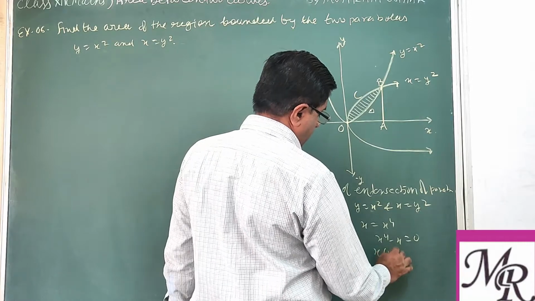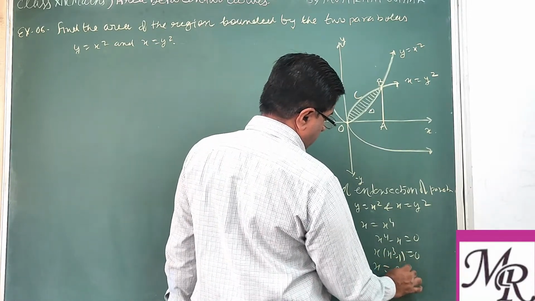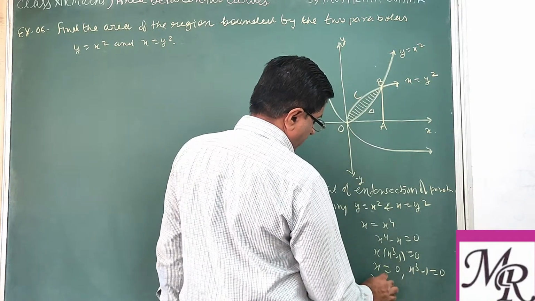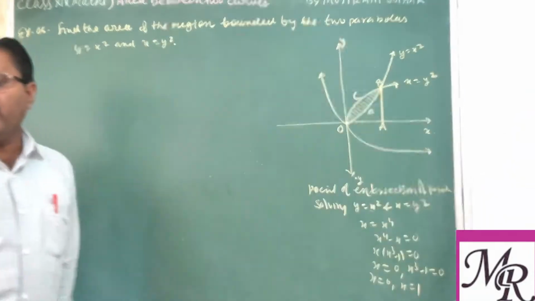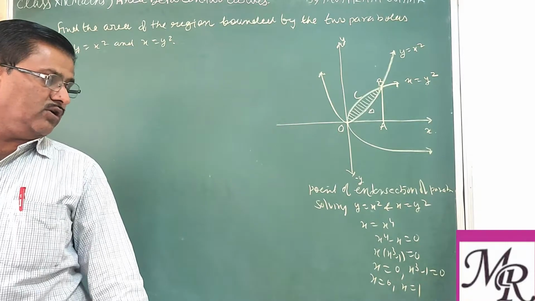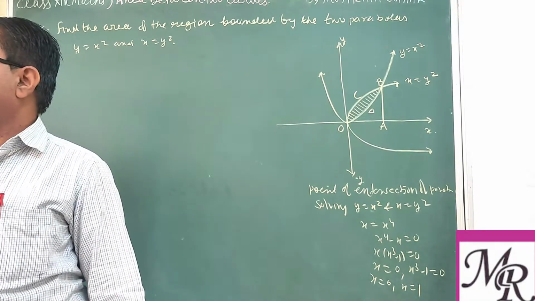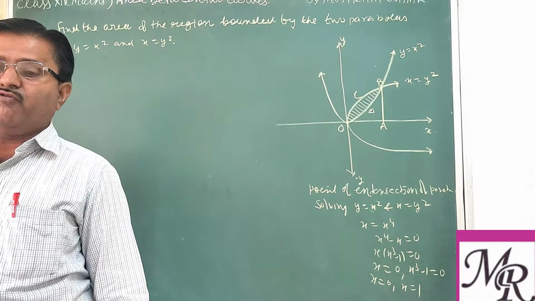Take x common. So there are two real roots: x equal to 0 or x cubed minus 1 equal to 0, so either x equal to 0 or x equal to 1. We have one real root from the cubic; the other two are imaginary roots, which we do not need.